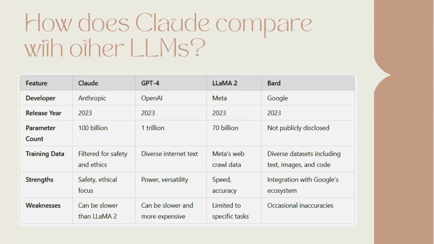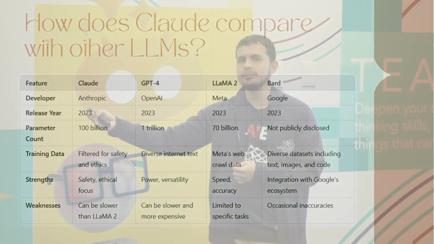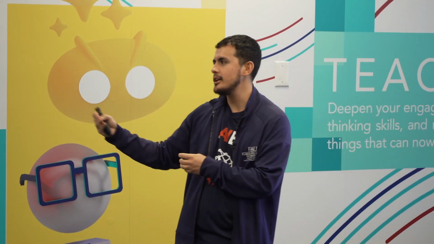So with all the controversy that surrounds AI and large language models, there's always a concern of where this training data is coming from to function this large language model. And I think Claude takes the approach of being safe and ethical. So with all the controversy that surrounds AI, they kind of lessen the concern.